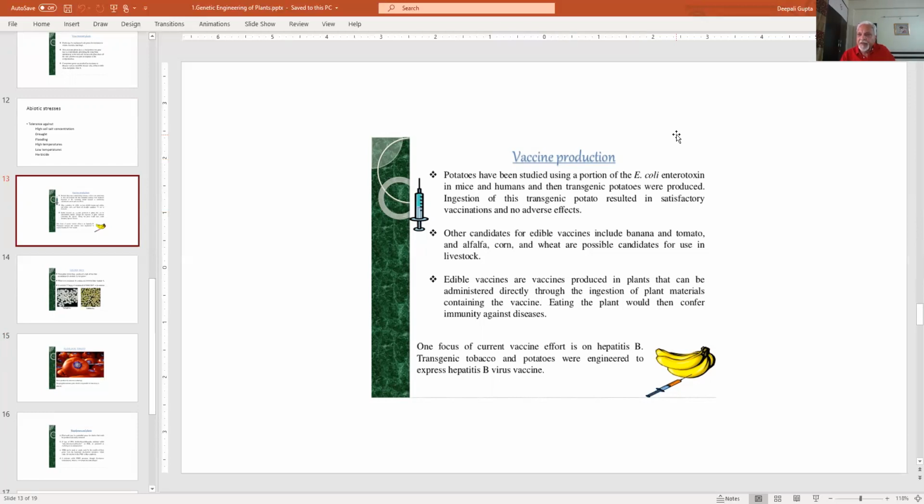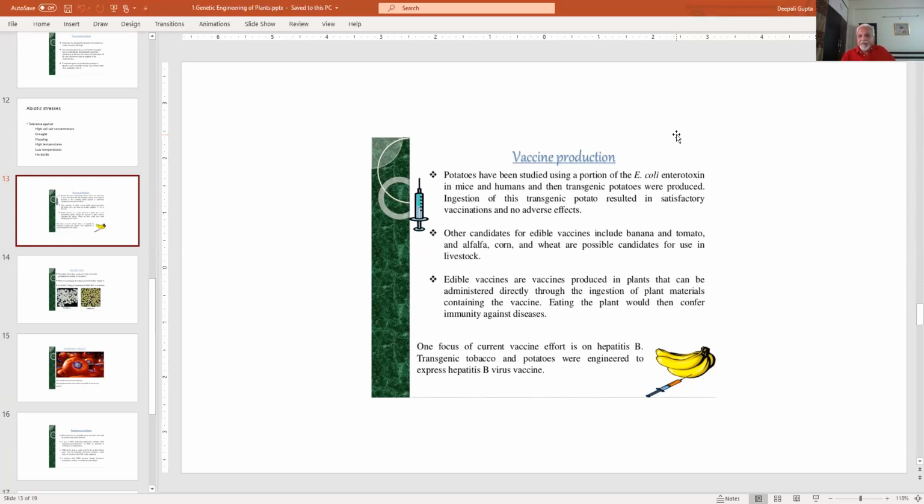It requires very specific conditions. The traditional vaccines require very expensive storage conditions and transportation from one place to another. And then the painful pricking, for example, is required to administer the vaccine.